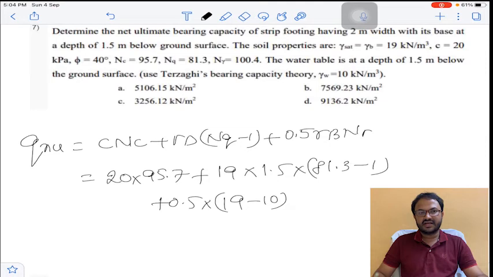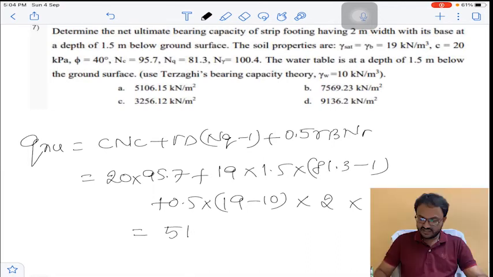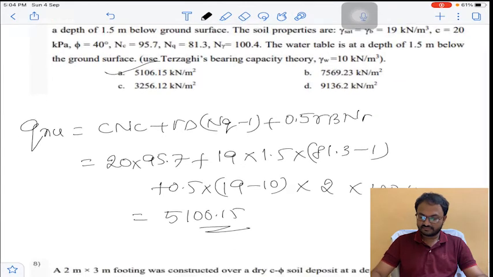So we need to consider submerged unit weight below the base of the footing and saturated unit weight above the base of the footing. Now into 2 into 100.4, it will be 5106.15. You will get answer A for question number 7.